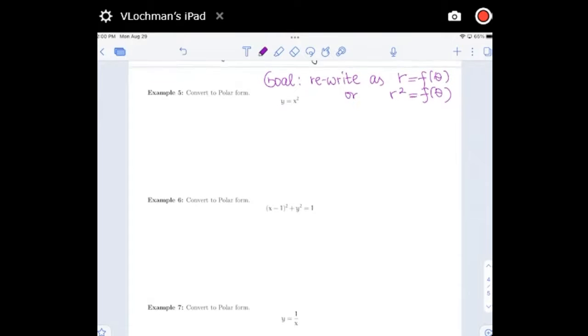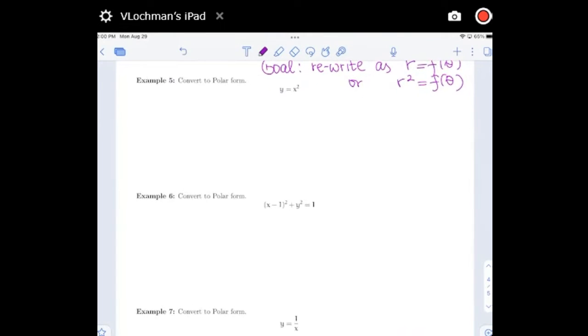I have y is equal to x squared here, right? That's what we got. So I know that x is equal to r cosine theta, and y is equal to r sine theta, right? So these are my fundamental equations.